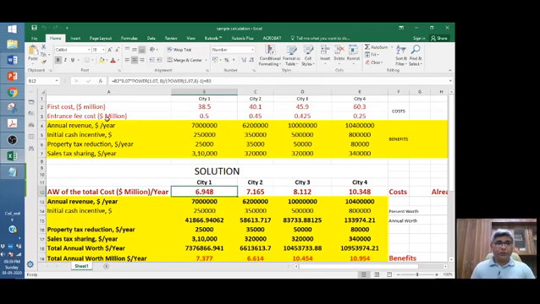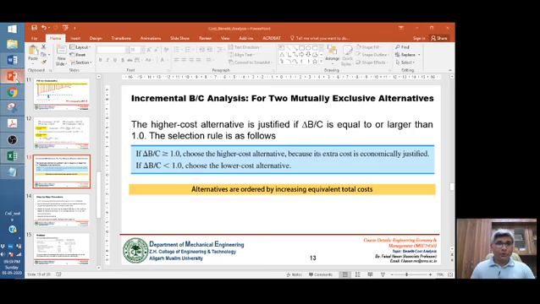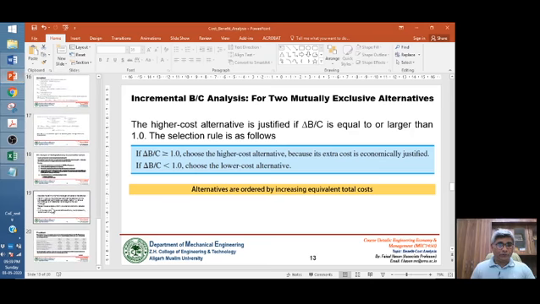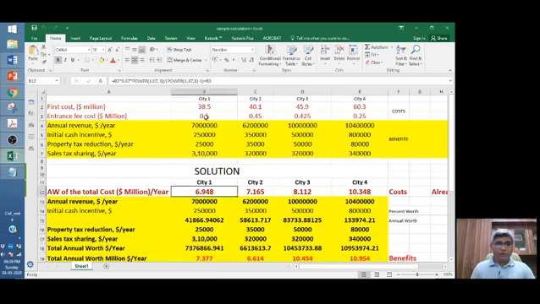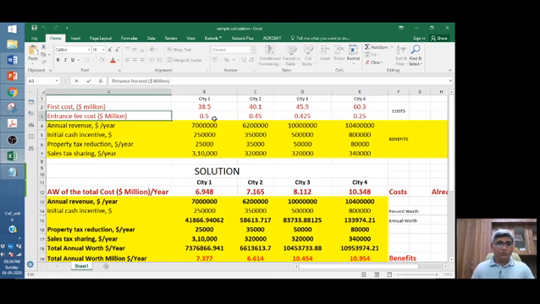The entrance fee cost is already given per year, so there is no need to convert it. It is $1 million per year.